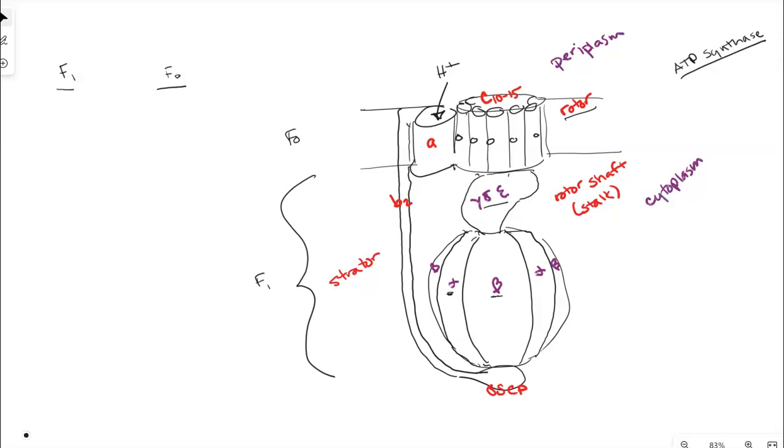And to escape to the opposite side, they have to physically rotate and ratchet from one to the next to the next. This causes an actual physical rotation in the rotor, which leads to a physical rotation of the rotor shaft and conformational changes in the alpha beta subunits, which we'll get into in a minute.